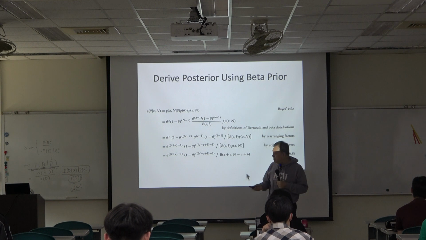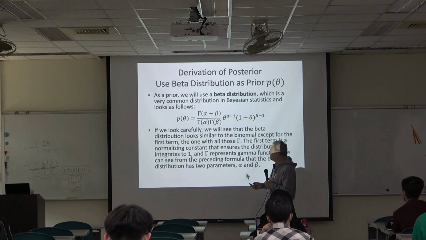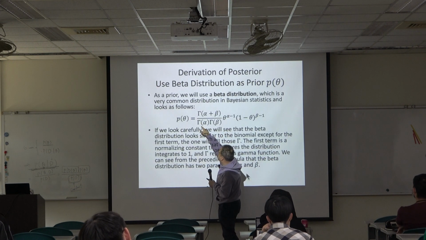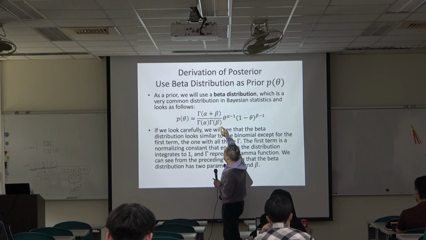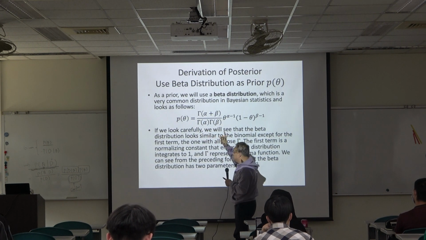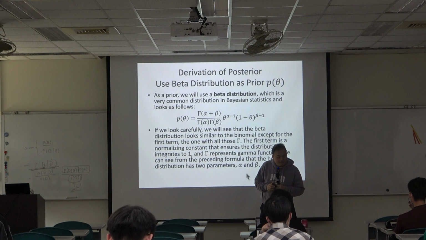Where does this B(a, b) come from? It actually comes from here. This is our B(a, b), the gamma a times gamma b, or gamma alpha times gamma beta. Normally we describe it as B(a, b).